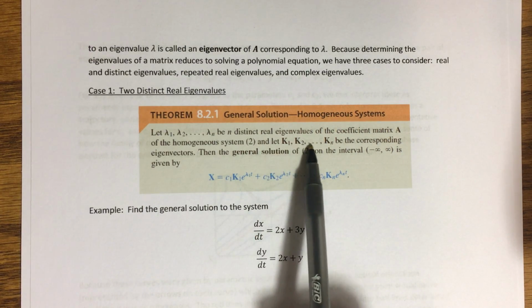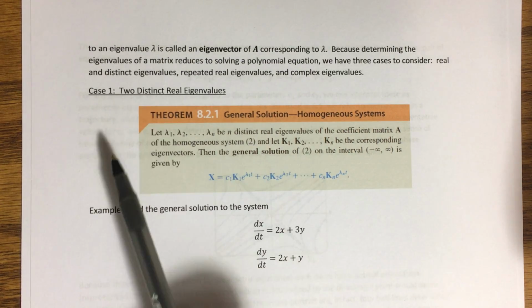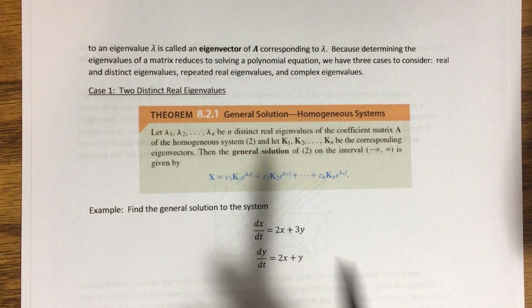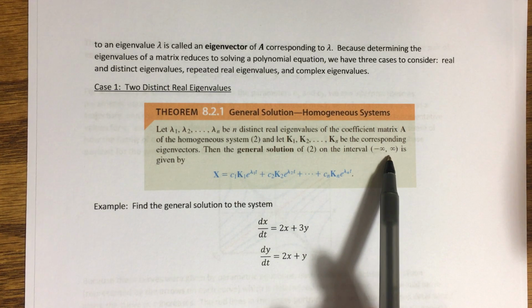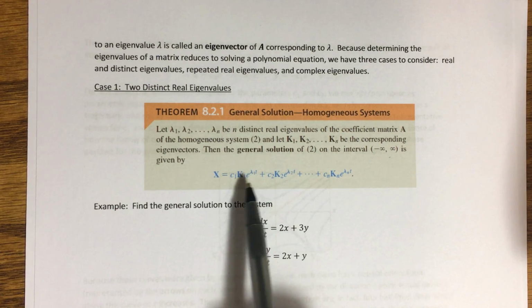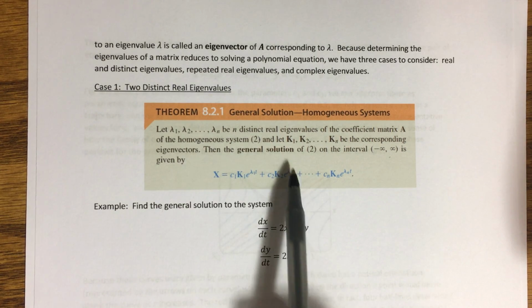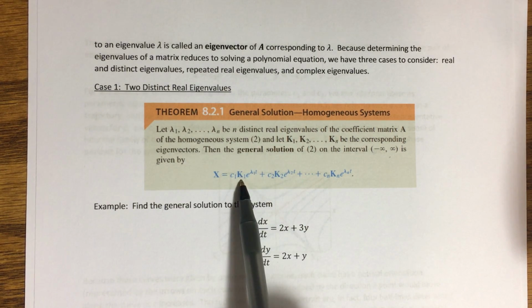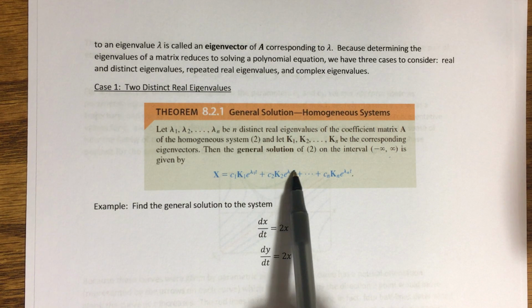Then if these are corresponding eigenvectors, the general solution of that general system that we saw on the previous page, on the interval negative infinity to infinity, is given by this. Notice what it is. It's a linear combination of the eigenvectors K1, K2, K3, and so on, times an exponential function of the form e to the lambda 1 t, e to the lambda 2 t.